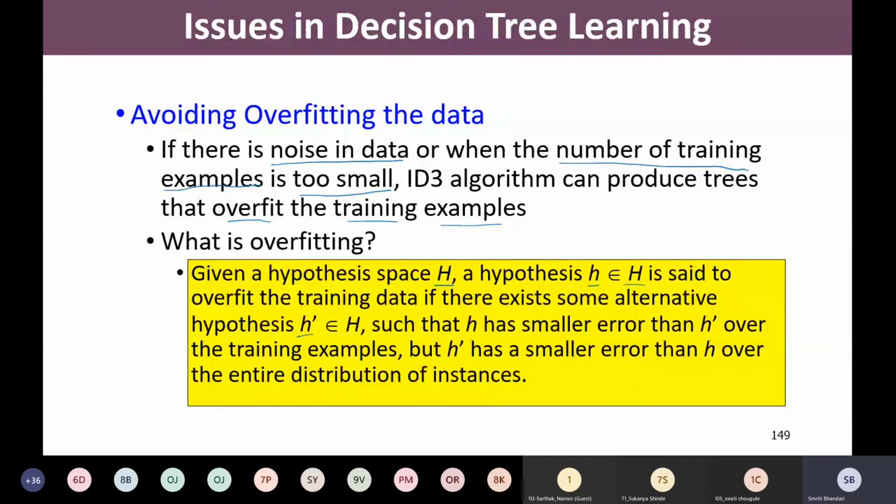Simply, I will give you an example. Suppose I have hypothesis H and hypothesis H dash. If hypothesis H is giving me some error, say E1, for training data, and H dash is giving me some error E1 dash for training data.